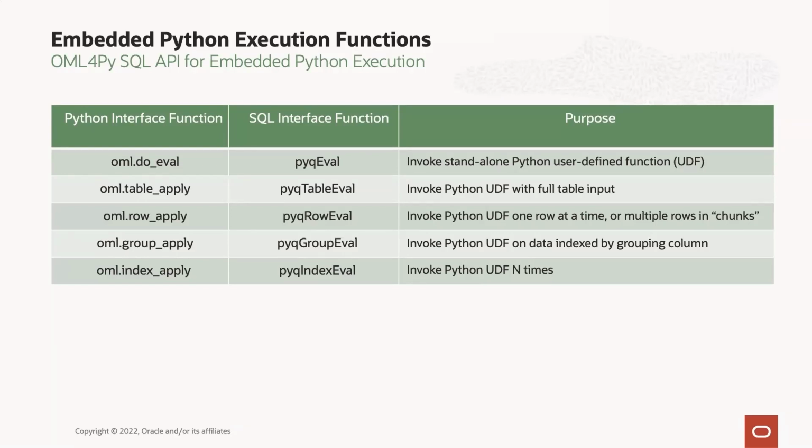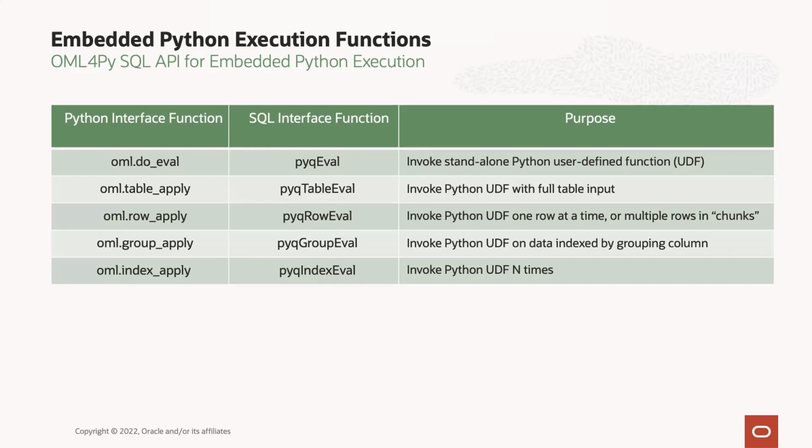OML.tableApply and its SQL equivalent PyQTableEval will invoke a UDF with the table as input in its first argument. These functions in the first two rows do not run in parallel, and they're typically used when it's not appropriate or possible to partition the data to run in a data or task parallel manner.